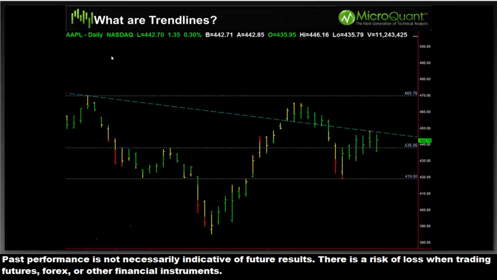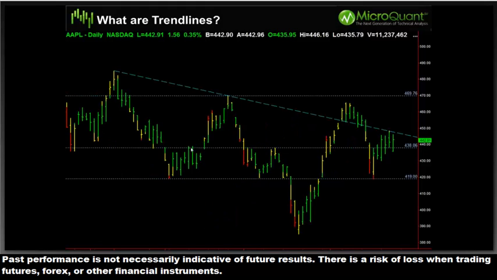The one thing about trend lines and support and resistance is that the longer term the chart, whether daily, weekly, or monthly, when you have a monthly or a weekly turning point like this, it's very significant compared to something short term, whether it be a 15-minute, 10-minute, or 5-minute chart.